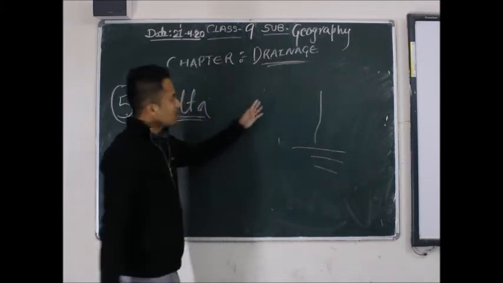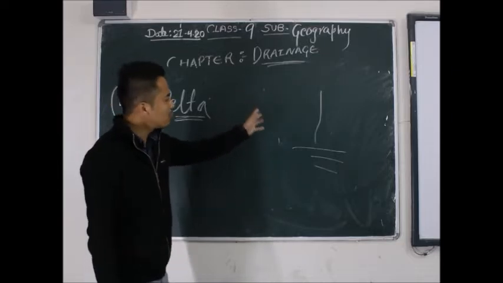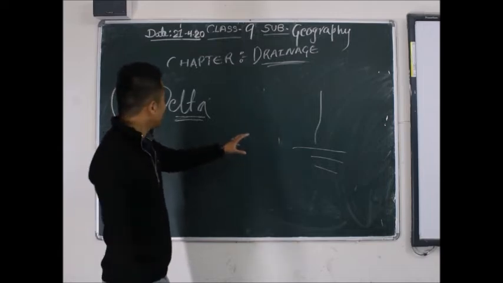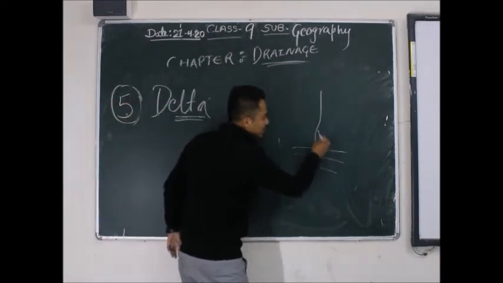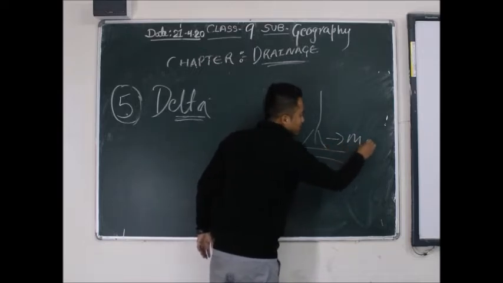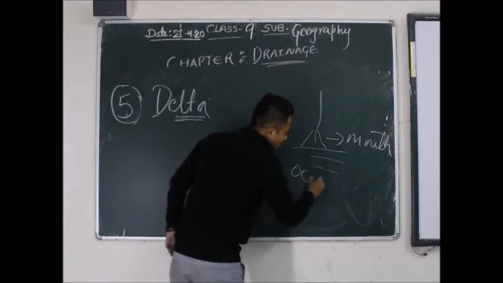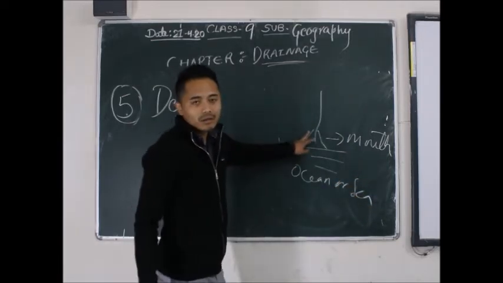When the river passes through the glaciers, I won't repeat that again. When the river slowly reaches the plain and reaches the area where the river meets the ocean, that area is called a mouth. Where the river meets the ocean. This is the ocean or sea. This area is called mouth.